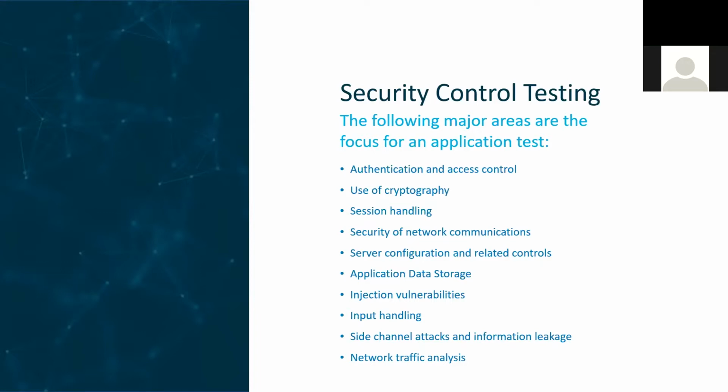Session handling, making sure someone can't just steal a session cookie and log in as somebody else. Security and network communications, similar to cryptography, making sure that all of the data, both static data and data in transfer, is well protected.